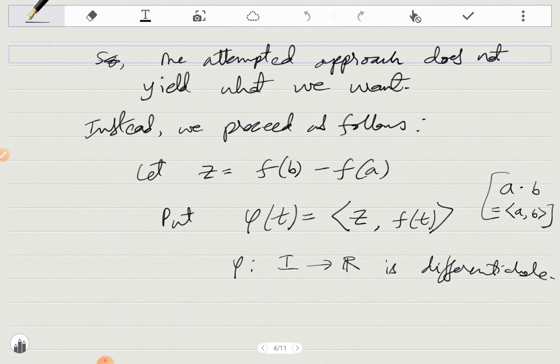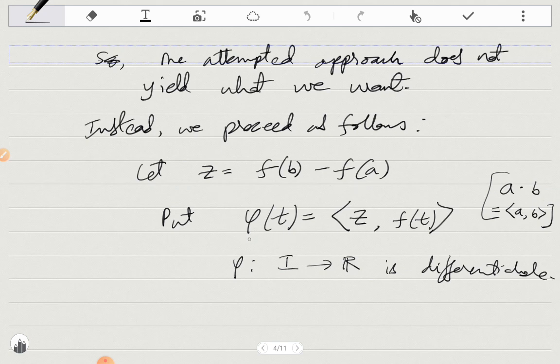So instead we proceed as follows. Now this proof in Rudin is not exactly a natural proof in the sense that it seems a bit of a trick. But anyway, it proceeds as follows. The quantity we are interested in is f(b) minus f(a), let's call it z.